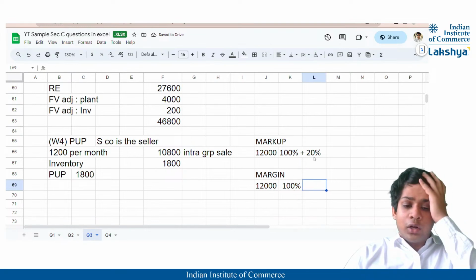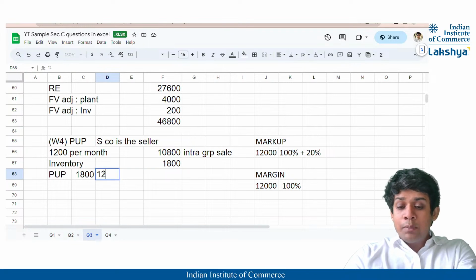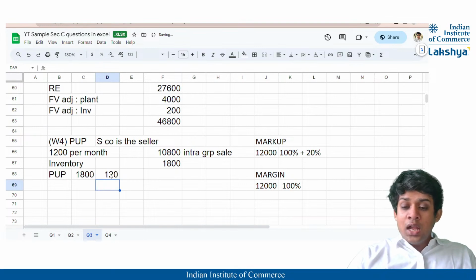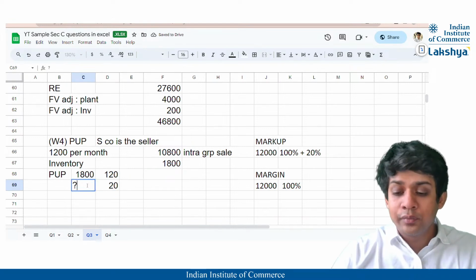Okay, that means for markup, now in this case what will we do? 1,800, that means this includes the sale value, that means this is 100% of the cost plus also the 20% of the markup, right? So this is 120%. If 1,800 is 120%, what will be the 20%, right? That is what we are supposed to calculate here, correct guys?